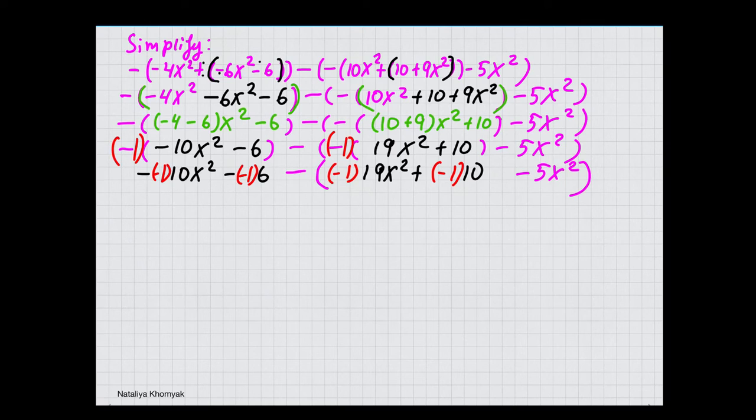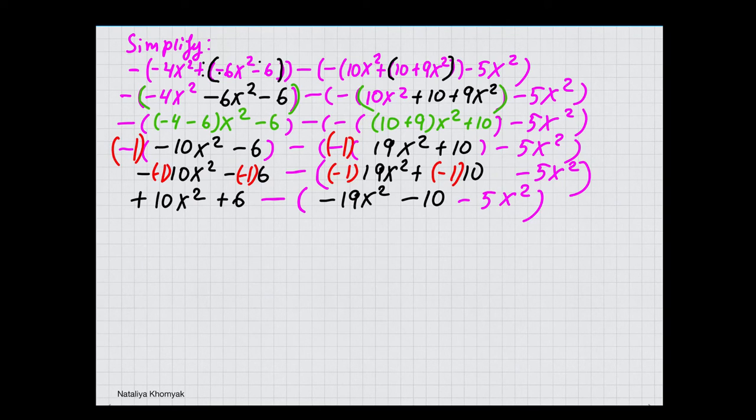Negative times negative, we have positive 10x to the second. Negative times negative, we have plus 6. Minus, still have this parenthesis. Negative times positive 19, we have negative 19x to the second. Positive times negative, negative 10, minus 5x to the second.